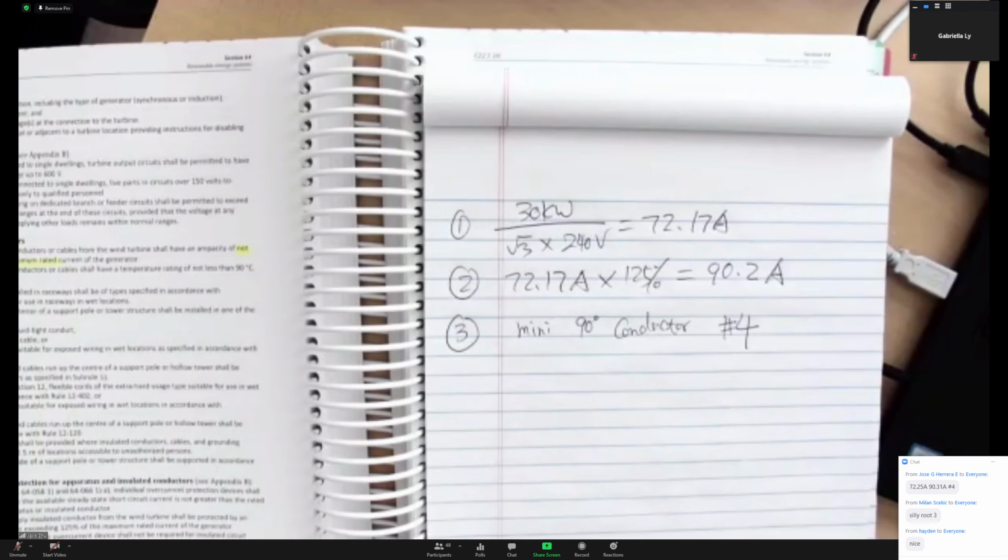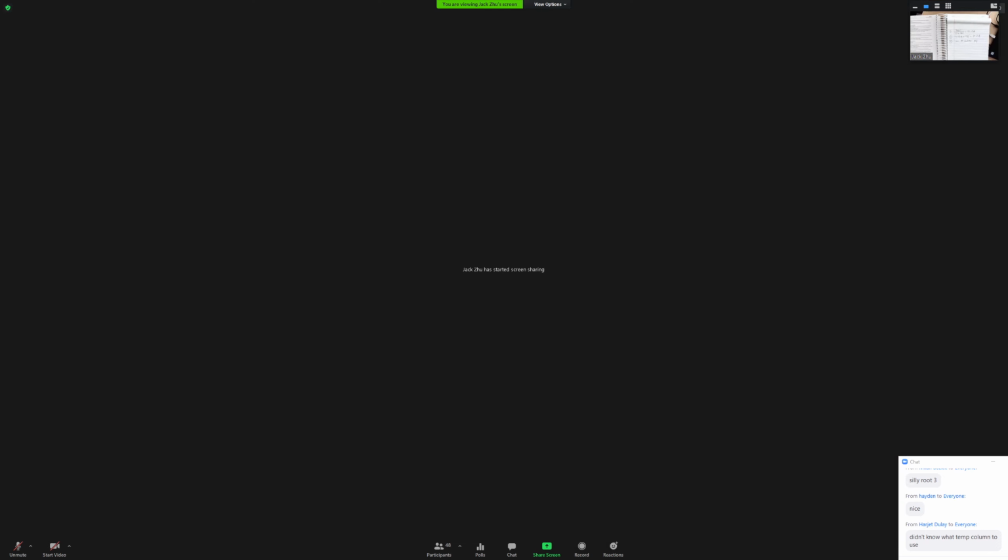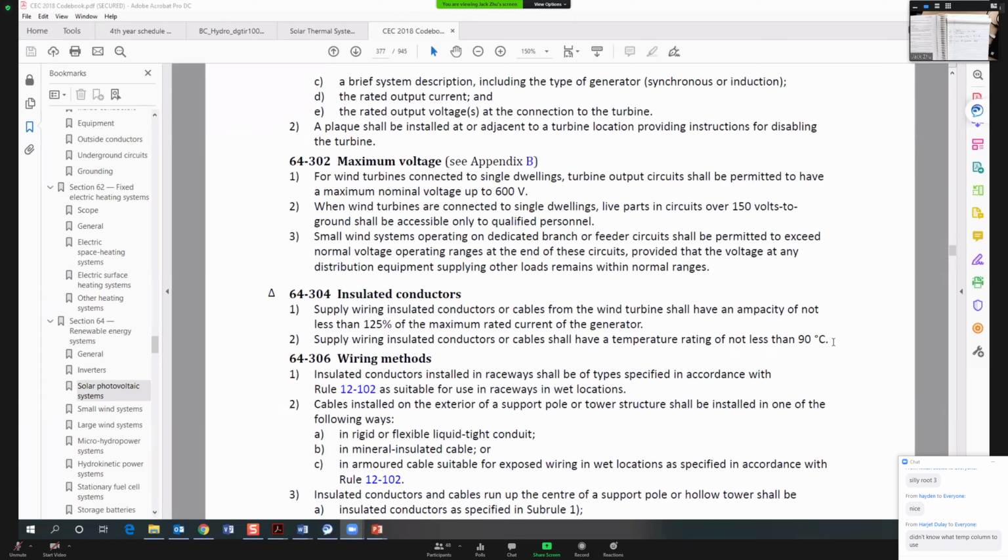Depends on the requirement. So on the cold side, you always use a 90-degree conductor, and the minimum temperature rating is 90 degrees.